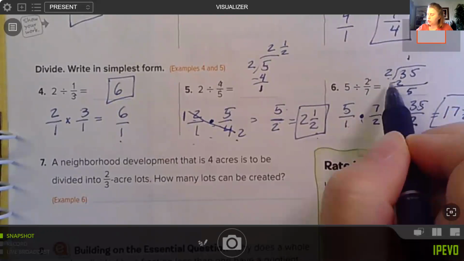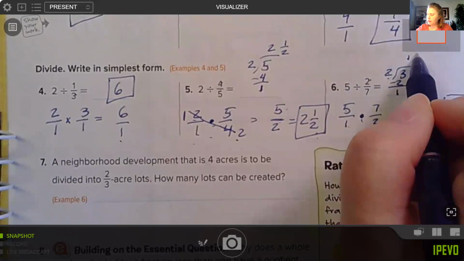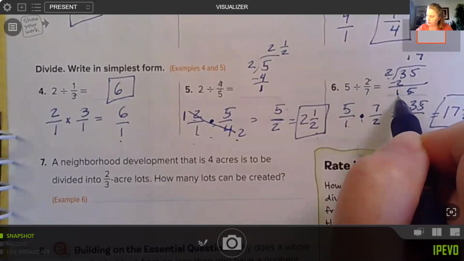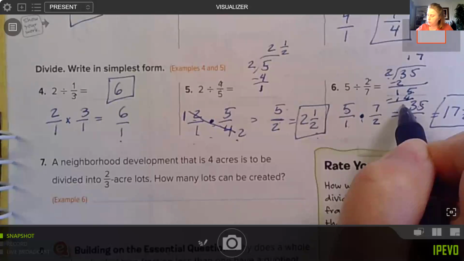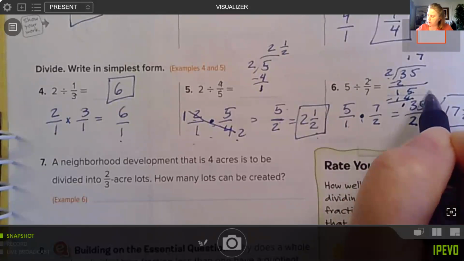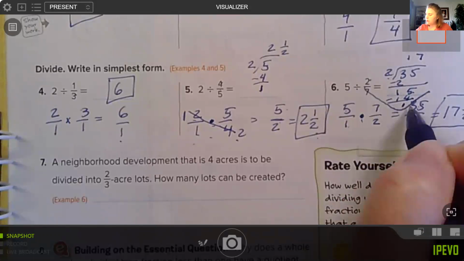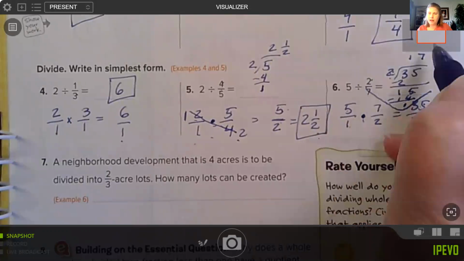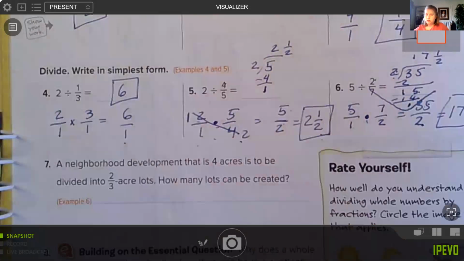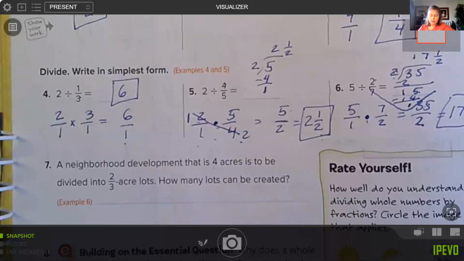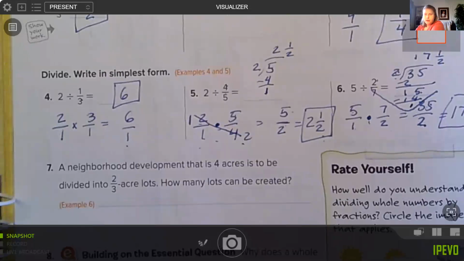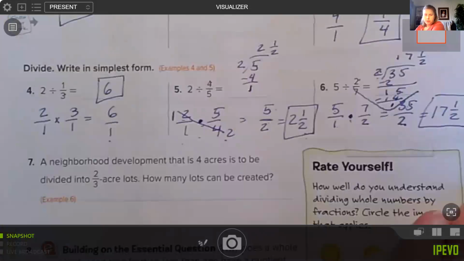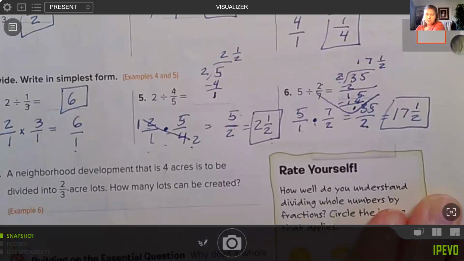How many times does 2 go into 15? 7. 7 times 2 is 14. We used to say remainder 1, but now we say 1 out of 2. So 17 and 1/2. That's just another way to get to that 17 and 1/2. I was off the screen a little bit there. There's the whole problem.